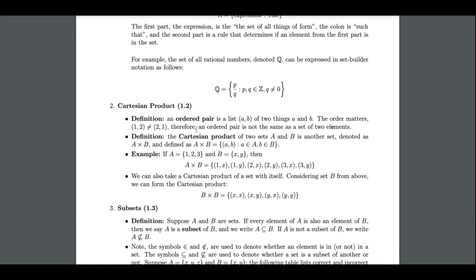So the order matters, right? Usually we say A represents the value on the x-axis, and B represents the value on the y-axis, corresponding to x-axis, y-axis. In an ordered pair, the order matters. 1, 2 is different from 2, 1.